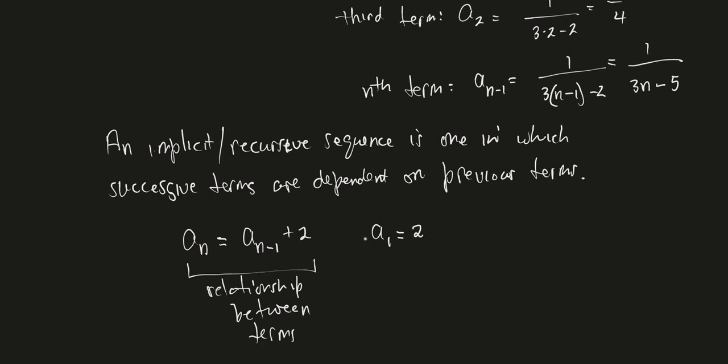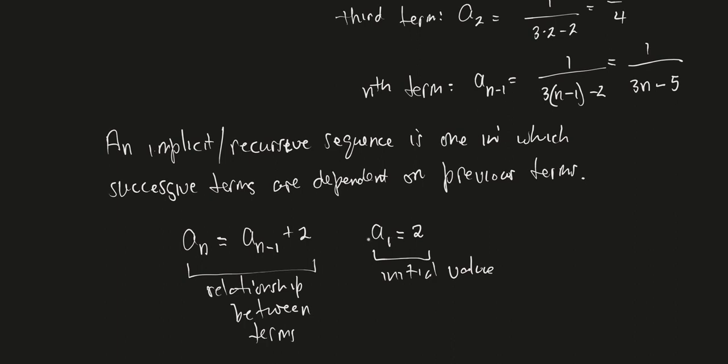This is what we call the initial value. This tells me where it starts. Here my initial value is 2, and then I can use this along with the relationship to generate the rest, or at least the next few terms.